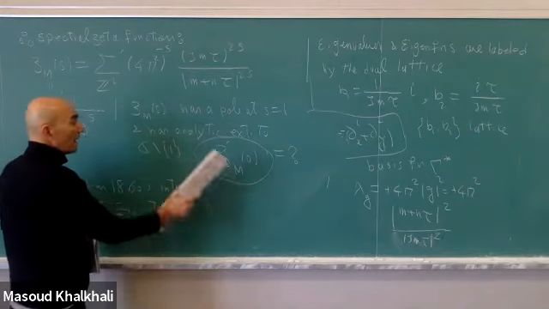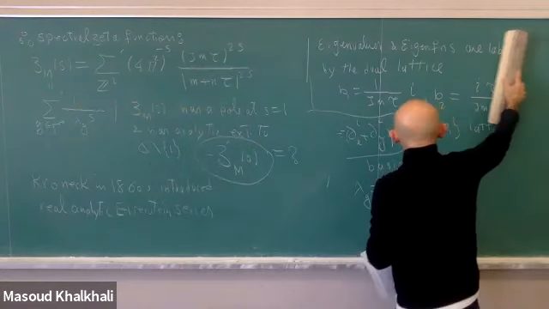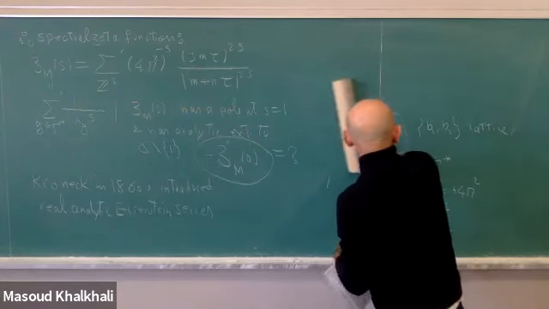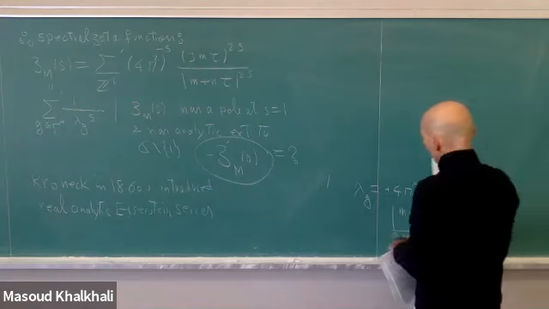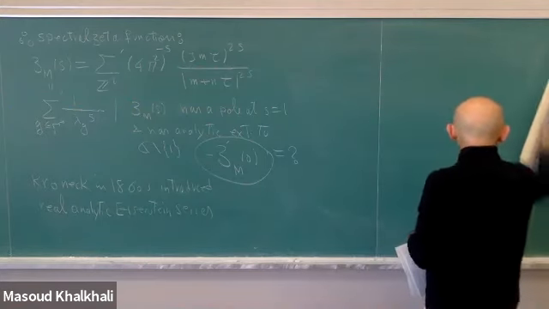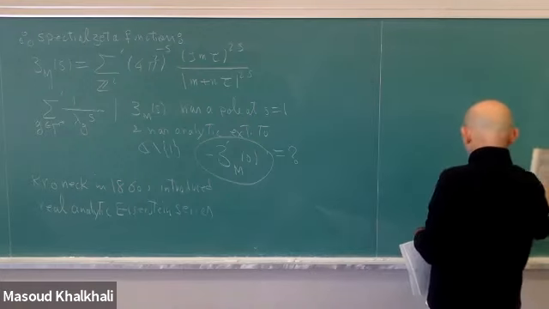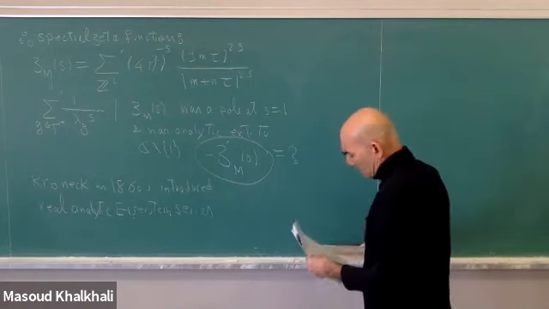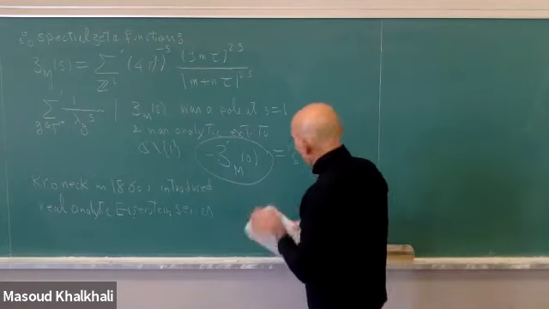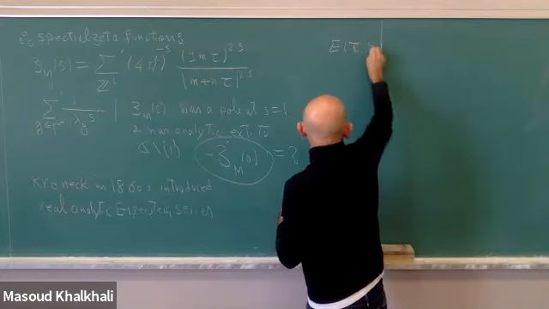The one that we need, which is closely related to this, is the following: this function E of tau and s.